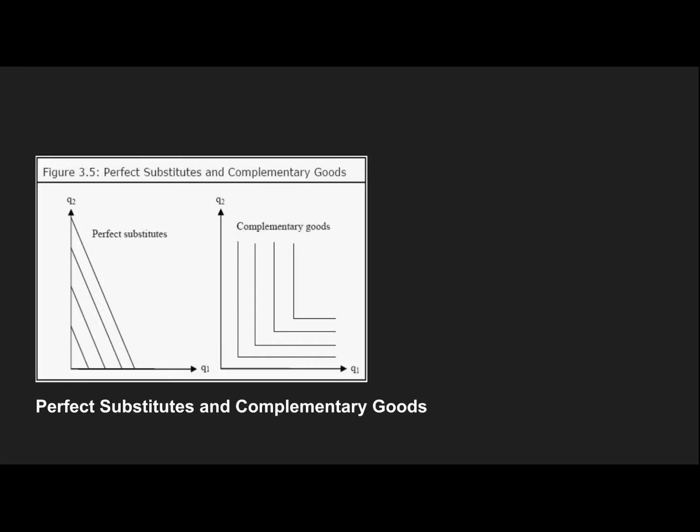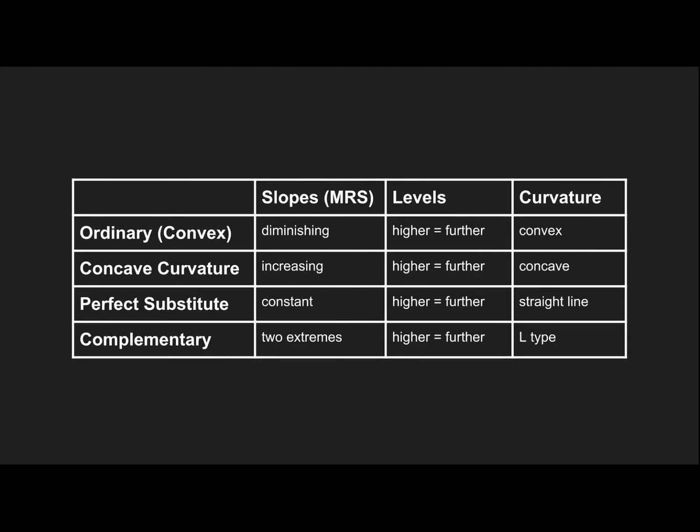And also we have perfect substitutes and complementary goods. I think you discussed some in your class, and you can also find some reference in your textbook. I forget the page, but it should be in the indifference curve section. And I just made a summary table which may help you with the understanding.